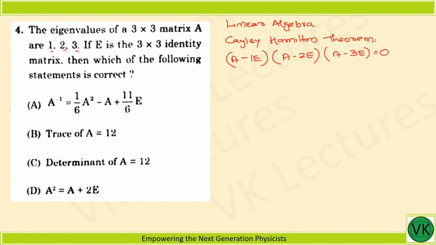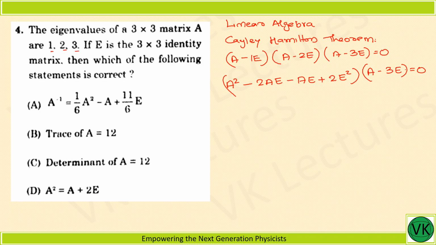Now here A square minus 2AE minus AE plus 2E squared, times A minus 3E equal to 0.